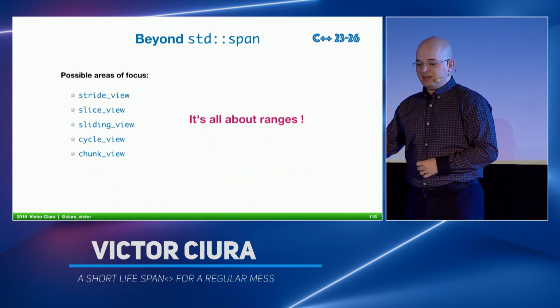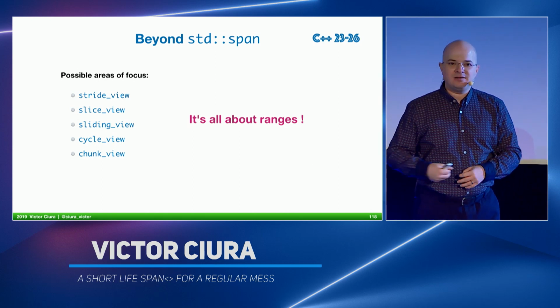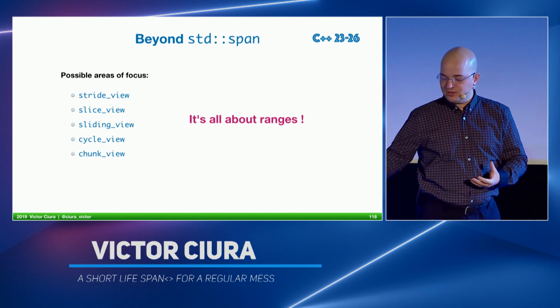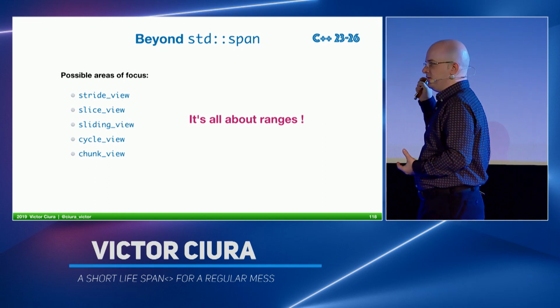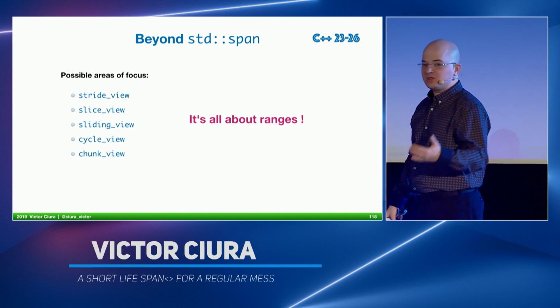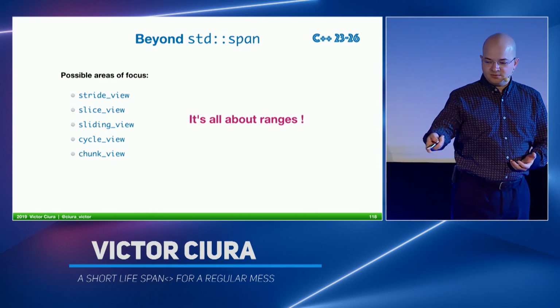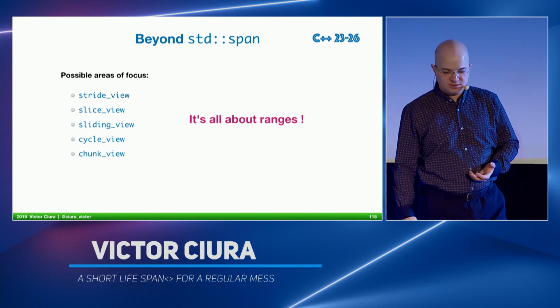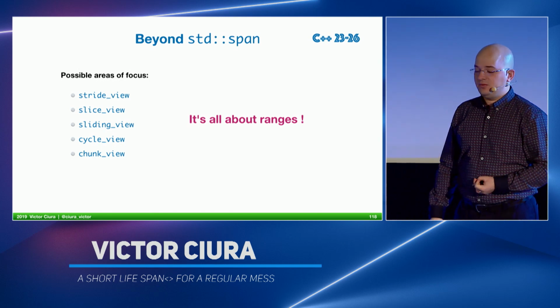So beyond span, we do have good things coming. These are higher level abstractions. They come from the ranges proposal, and these are things that we're going to get in the future. Things like stride view, slice view, sliding view, cycle view, chunk view. We've seen this in other languages. Some of you might recognize some of these concepts from Haskell or other functional languages.